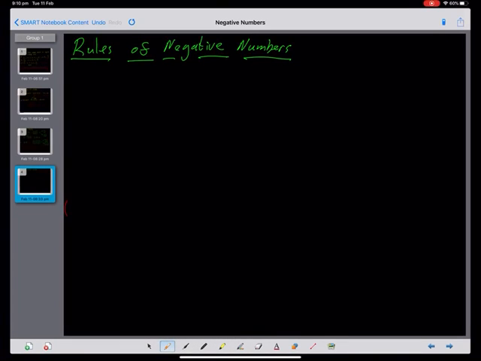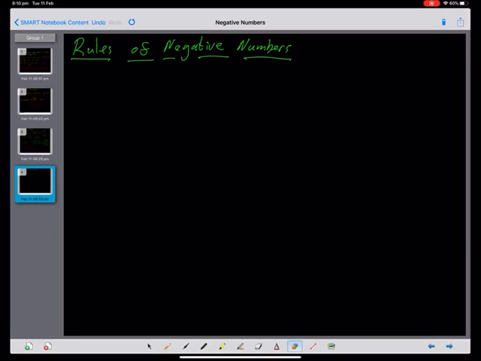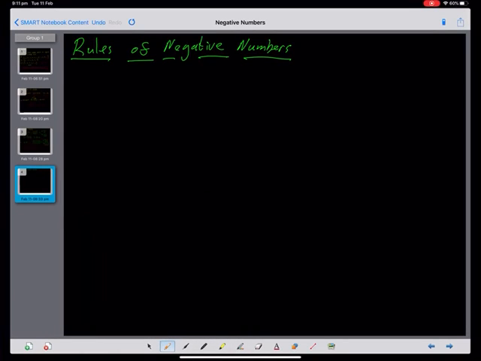Okay, this time let's do 5 questions. So question 1, let's do negative 2 cubed divided by negative 8.